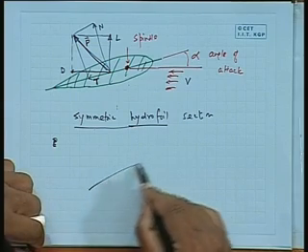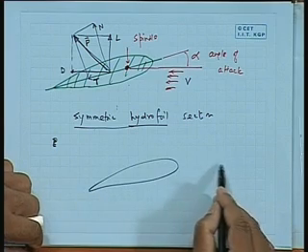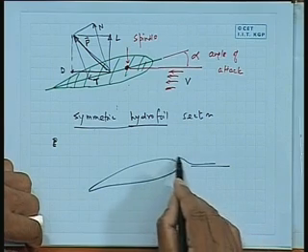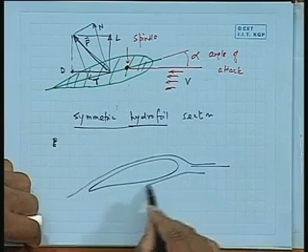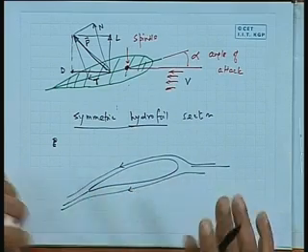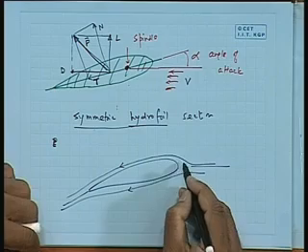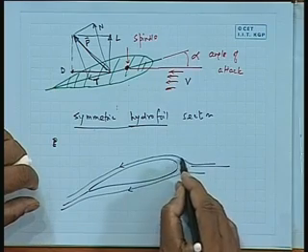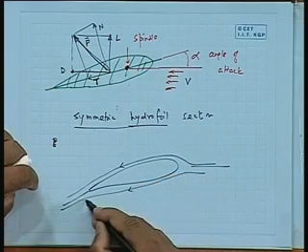Very simple reason. If you have a plate like that here, when the flow comes, it basically goes like this and it goes like this, and it comes down like this. Now, it turns out that this distance is longer than this distance.